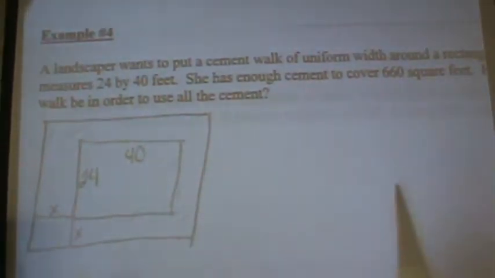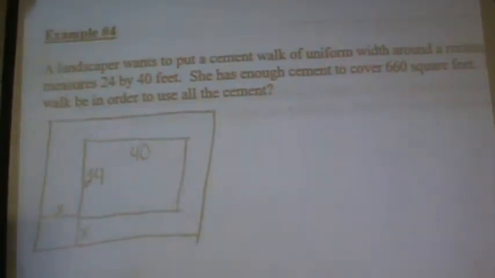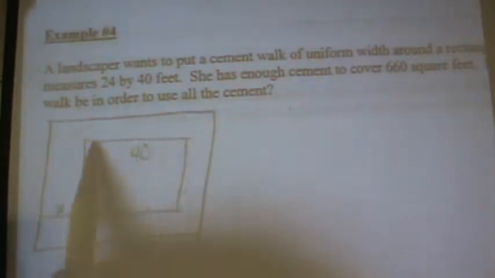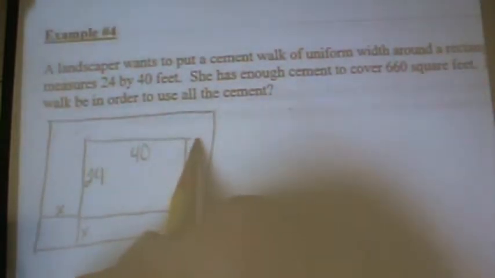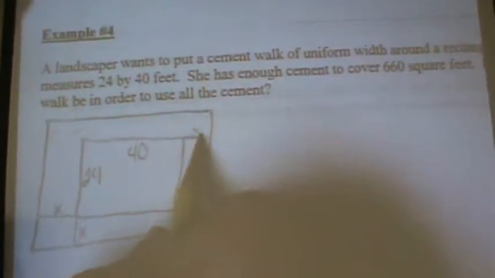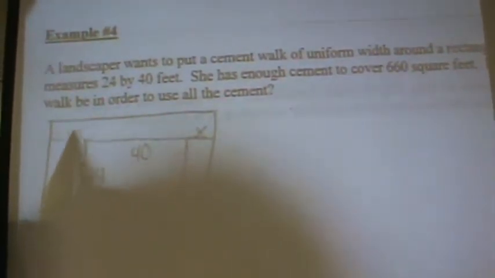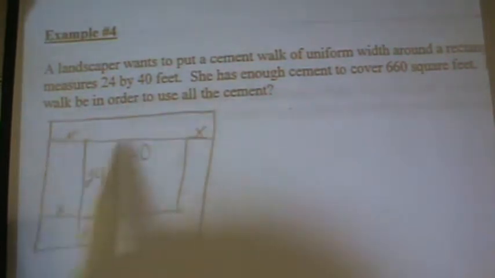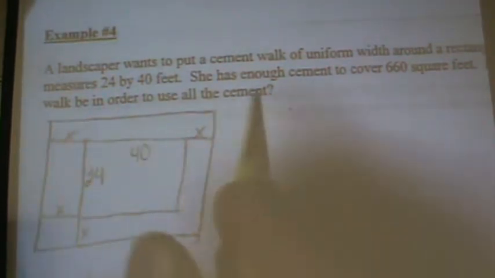So now we need to come up with some sort of equation to find how big our X is. To find the area of the whole thing, if you were finding the area of the entire rectangle, what would you guys do? You know that this width is 40, and you know that this is X, and this is X. So how long is that all together? 2x plus 40.